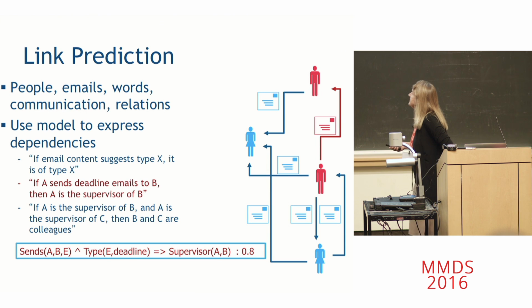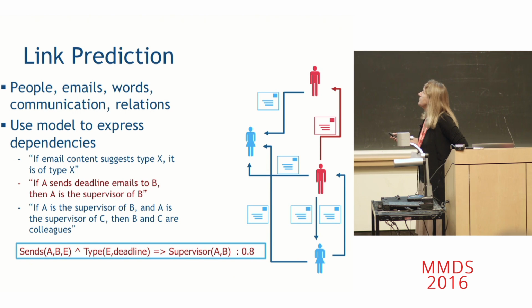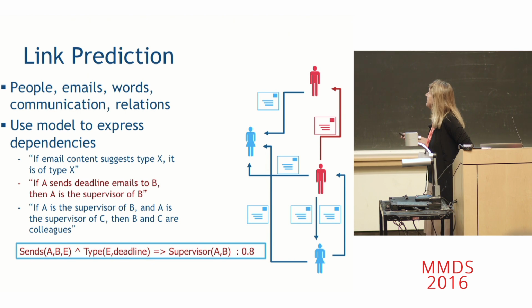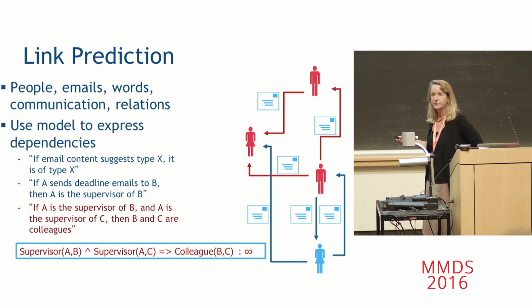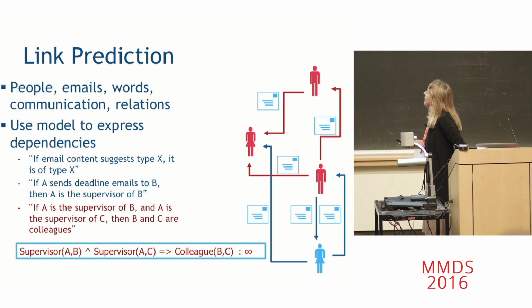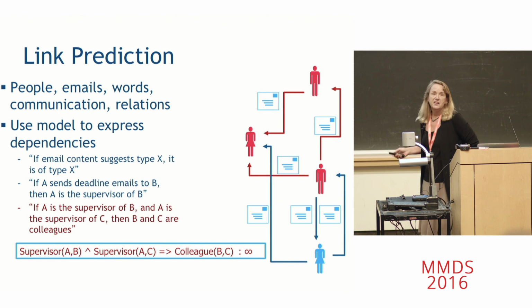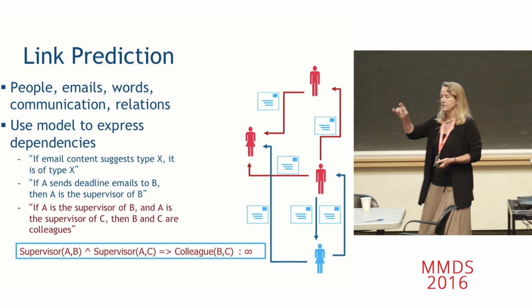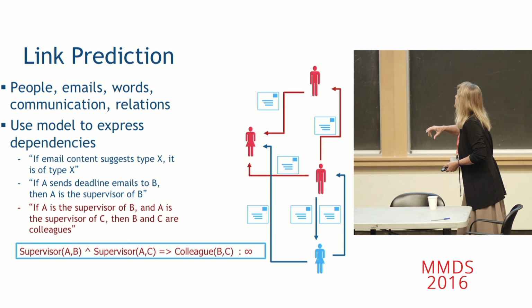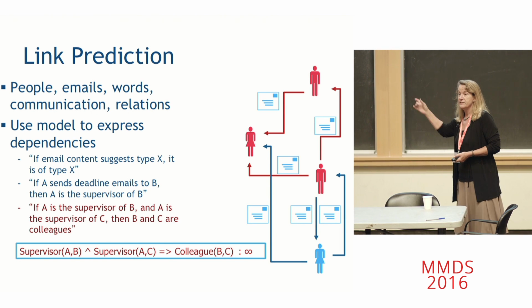And then I can say something like, if someone sends certain kinds of emails, then the relationship between them is more likely to be a certain kind. And then I can do things like a definitional constraint that says, if A is the supervisor of B and the supervisor of C, then B and C are colleagues.